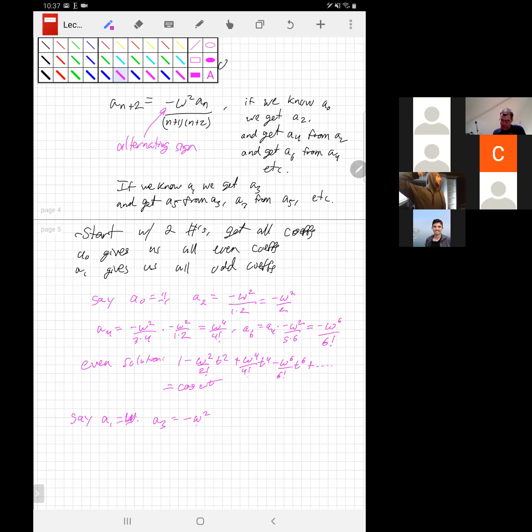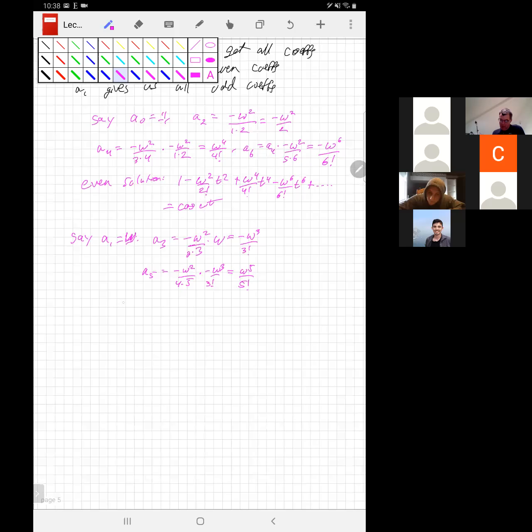So A3 will be minus omega squared over 2 times 3 times omega equals minus omega cubed over 3 factorial. A5 will be minus omega squared over 4 times 5 times minus omega cubed over 3 factorial, or omega to the 5th over 5 factorial.